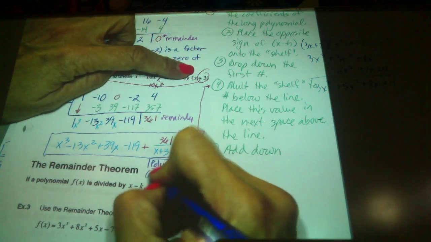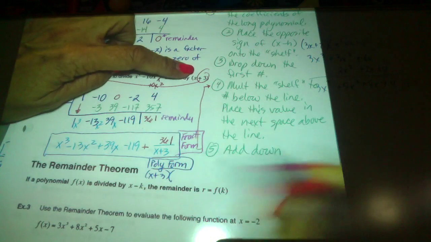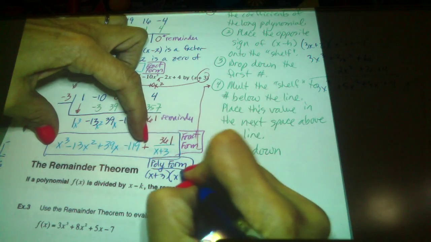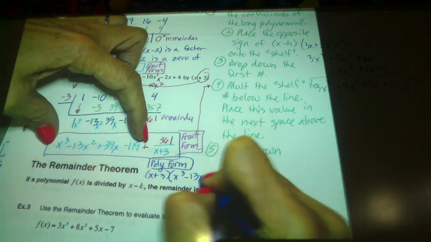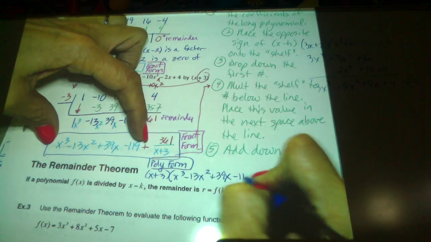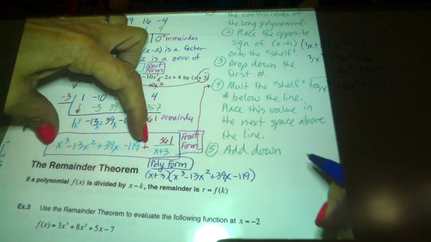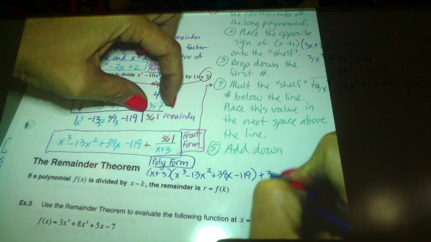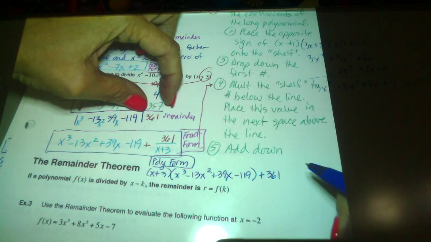Your x plus 3 comes first, times our answer, the non-fraction portion of our answer, x cubed minus 13x squared plus 39x minus 118. But then you have to adjust for your remainder, so our remainder was 361. Since it's positive, we are adding the remainder of 361 to the end.